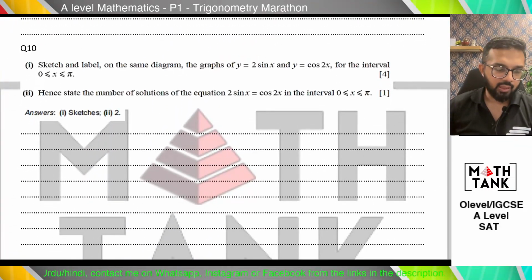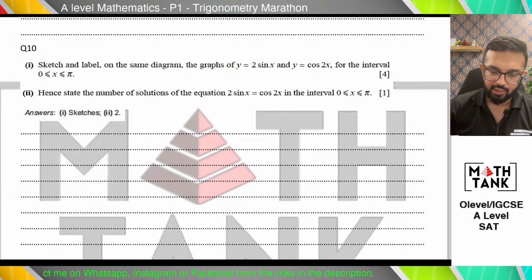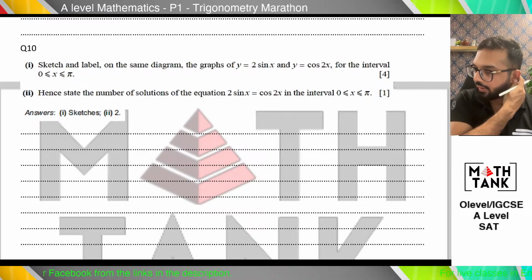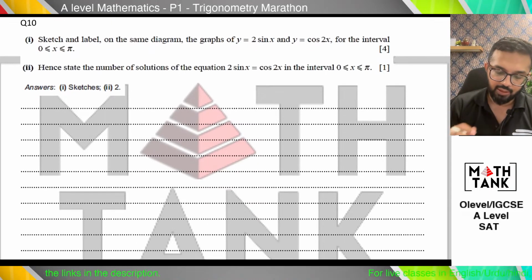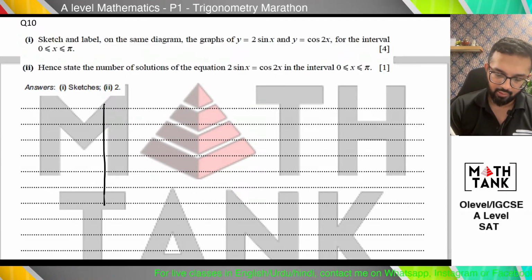Okay, then question number 10 says, sketch and label on the diagram the graphs of y equals to 2 sine x and y equals to cos 2x for the interval x between 0 and pi, hence state the number of solutions. Okay, let's first quickly sketch. They just wanted from 0 to pi.